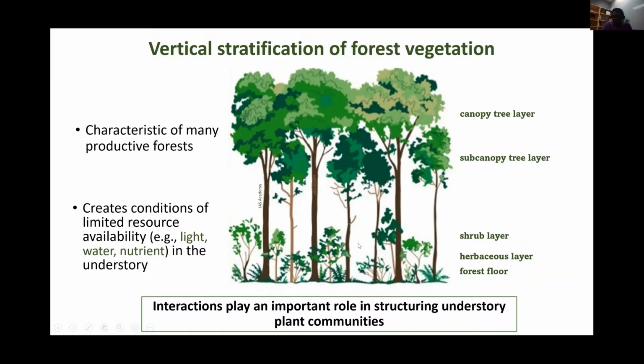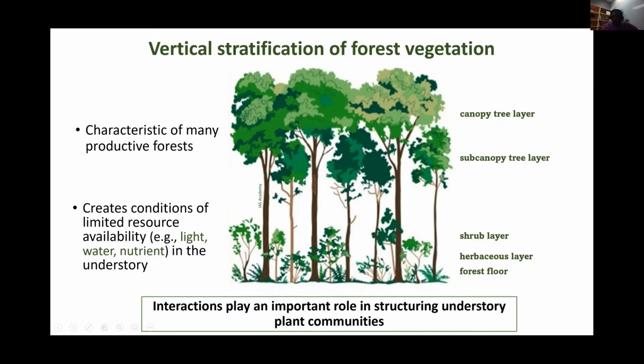And by the time it reaches the understory, the light is very much reduced in quality, and the understory layers also attenuate light that reaches the forest floor. So there is a whole scenario of resource limitation, not only light, we can also talk about throughfall, water coming through to the canopy will be intercepted mostly by the upper canopy trees and slowly released to reach the understory. So we have a condition of resource limitations.